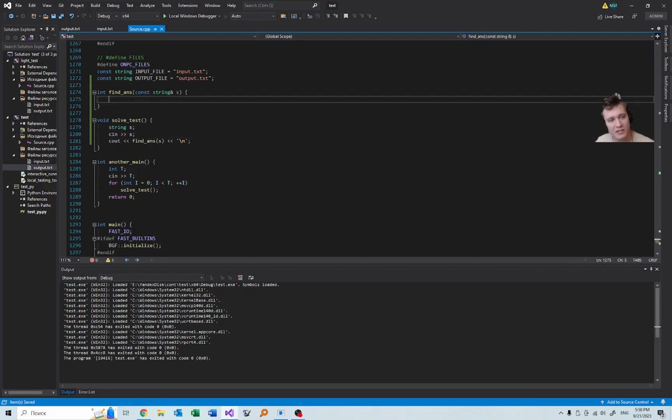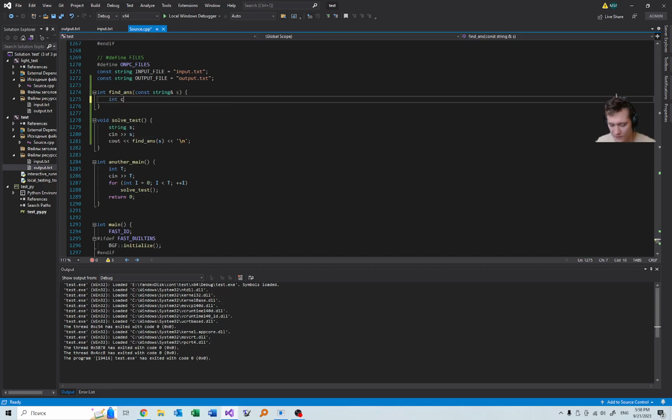Okay, so what we need here is to find the sizes of all blocks of A's. Actually, there is some way of doing it with modern ranges, but since I do not have modern ranges, I will do it old style.